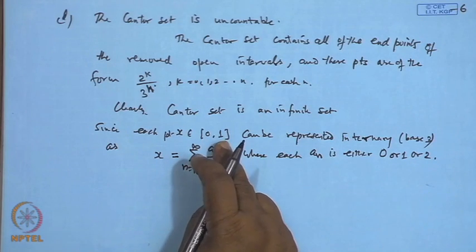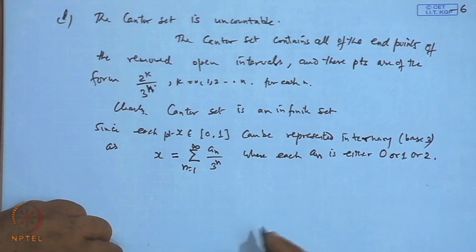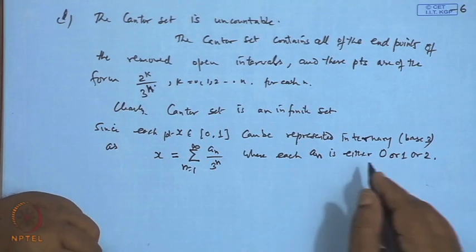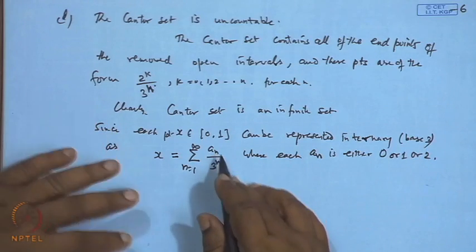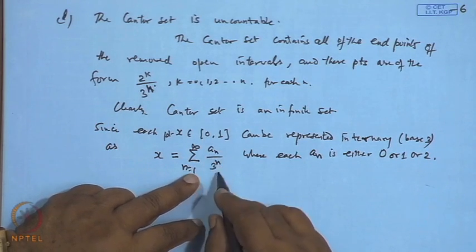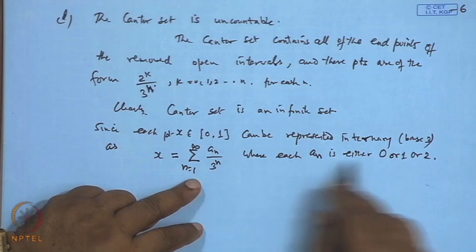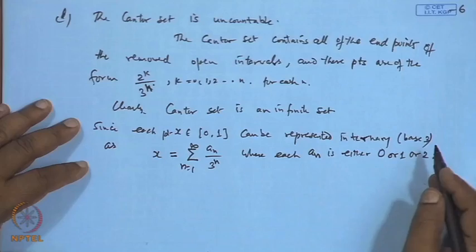Any real number in the closed interval 0, 1 we can express in the ternary expansion with base 3. So, we can write this as a_1 by 3, a_2 by 3 squared, a_3 by 3 cubed, and so on, where a_1, a_2, a_n may be 0, 1 or 2.